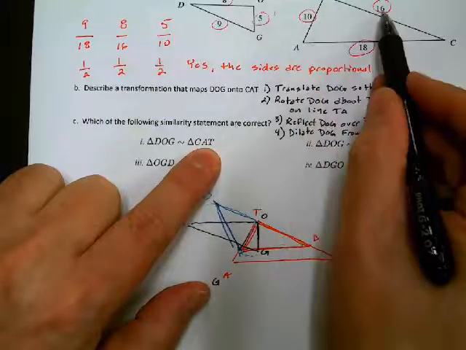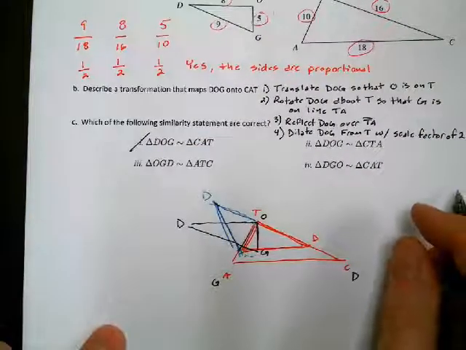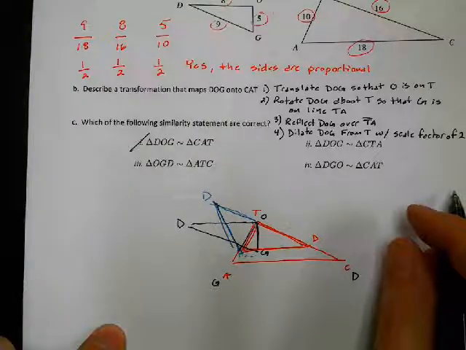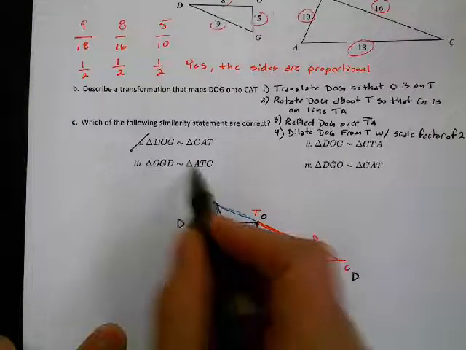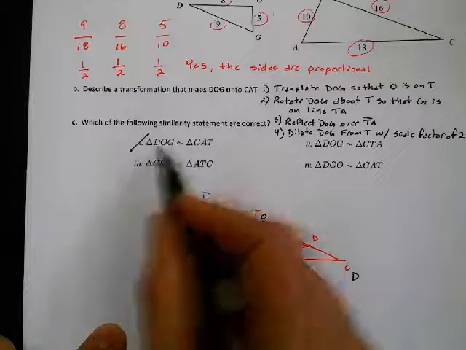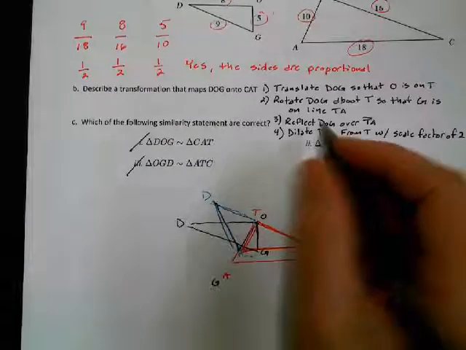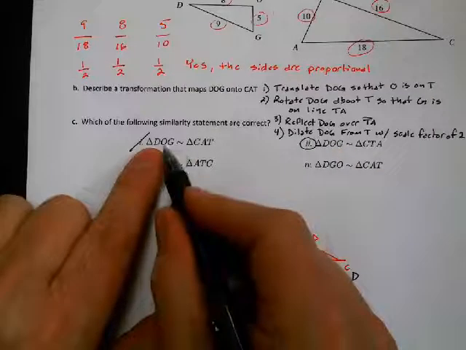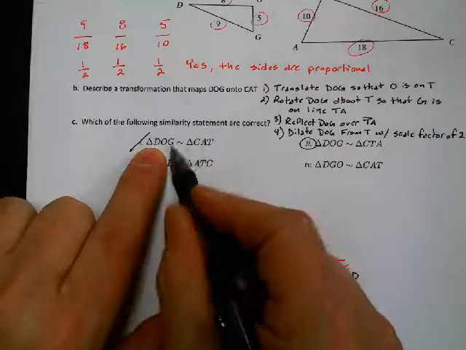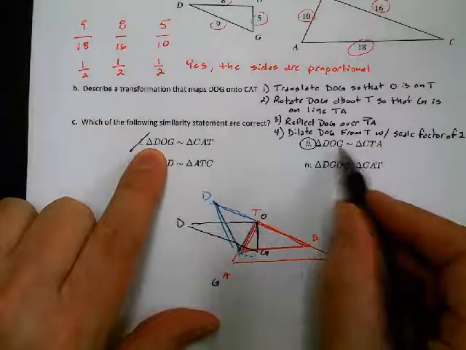For the same reasons, we can probably get rid of this one because O and A did not correspond. We just said up here O and A don't correspond. But this one right here does work because we said that O should have gone with T and G should have gone with A. So O goes with T and G goes with A. Just comparing the medium to medium, small to small, large to large.